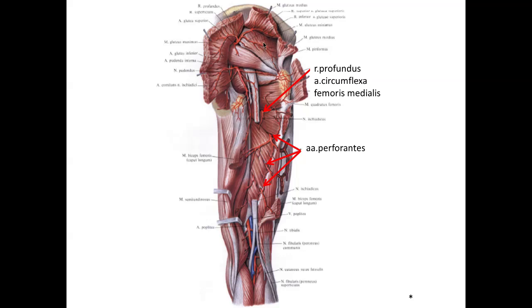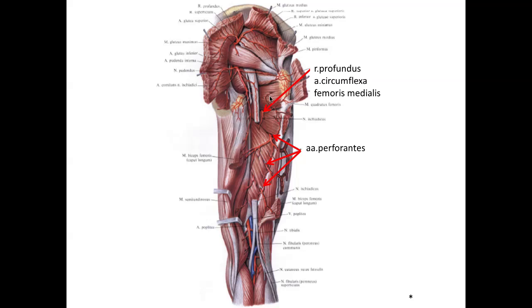More deep we can find gluteus minimus, and here these are musculus obturatorius internus and small gemelli muscles, musculi gemelli, and this muscle is very well seen in our cadaveric specimen.